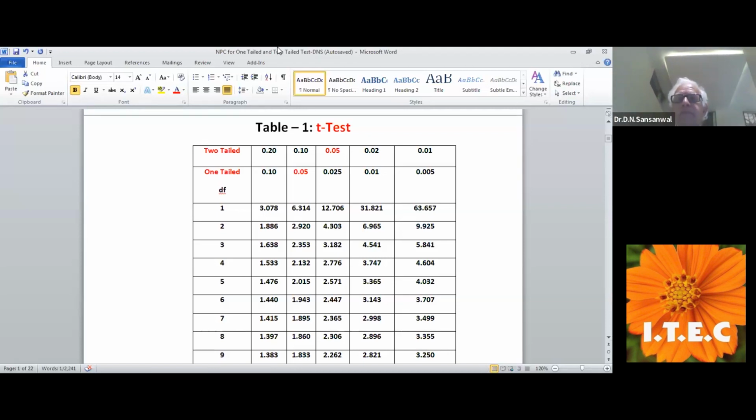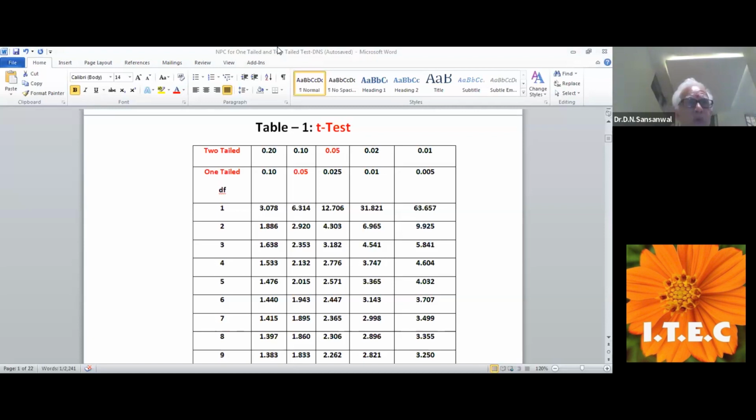Gaurav, write only beneficial. Which one? Error is more or error is less? Less error.